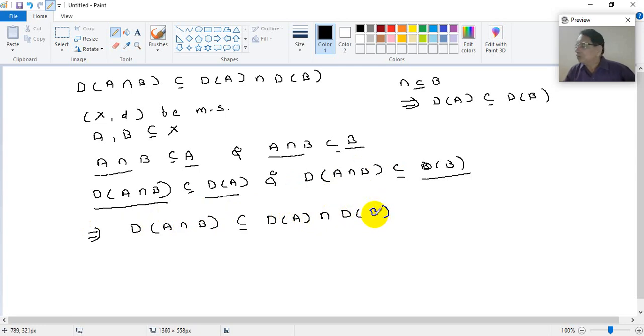Only thing is you have to use the previous result again. Which previous result did we use? If A is a subset of B, then the derived set of A is a subset of the derived set of B. That result we have used.